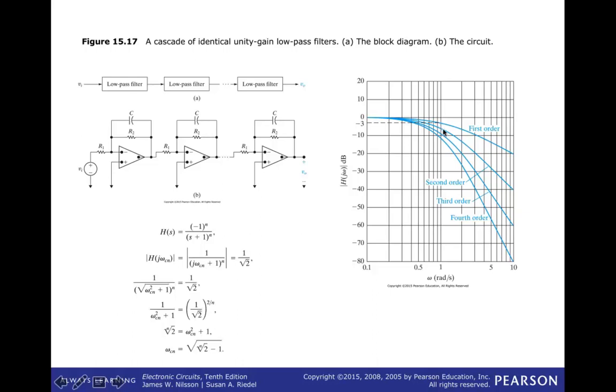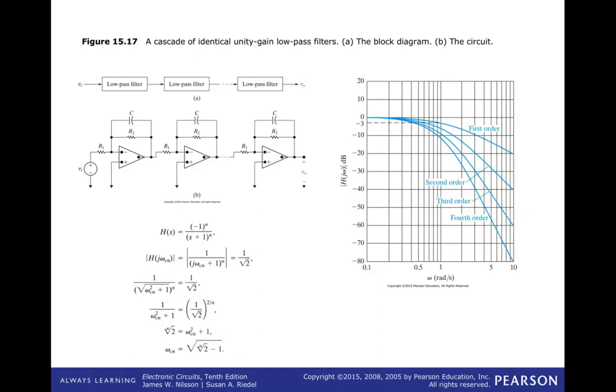Another way to look at that is to think about what happens when omega is equal to the cutoff frequency 1. So if, for example, in this magnitude calculation, instead of looking at 1 over the square root of 2, let's suppose we put 1 here and we let n equal 2.